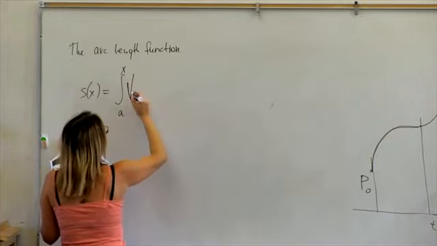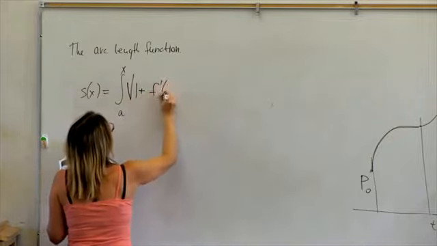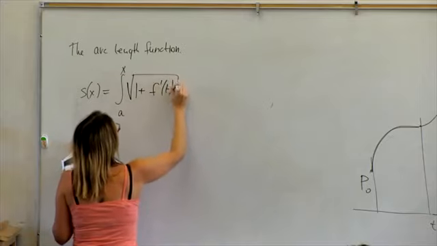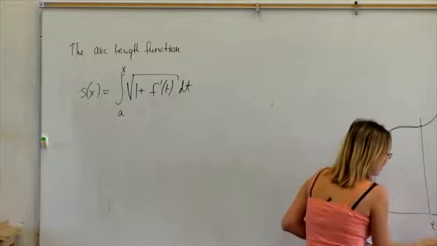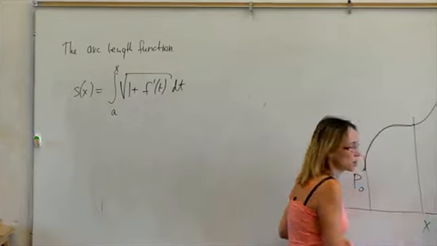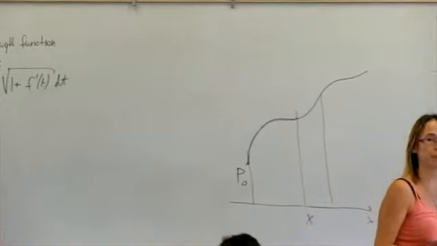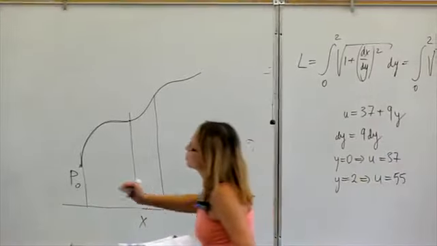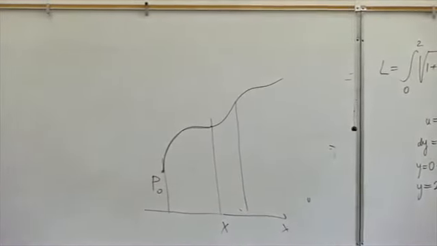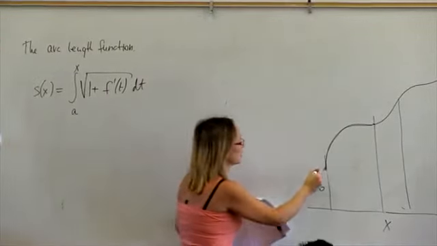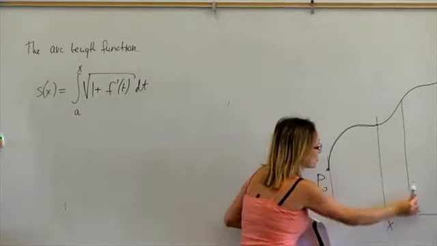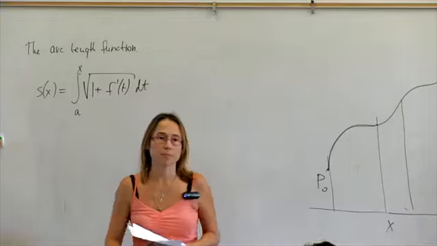And here I have the same, except I'm going to call my variable of integration t. Okay, so maybe call it x. So the upper limit of this function is my variable. I want to know what is the arc length from the given point up to any limit along the curve.